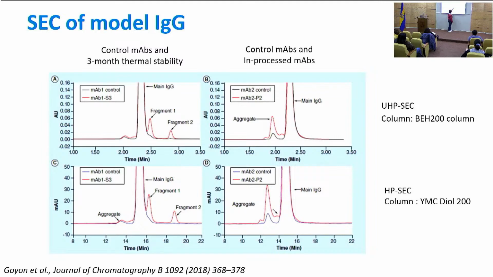Then they change the process and control the MABs after this new process, and you can observe that the peak corresponding to the aggregate is increased. So in this case, the process to produce the MABs was not good.